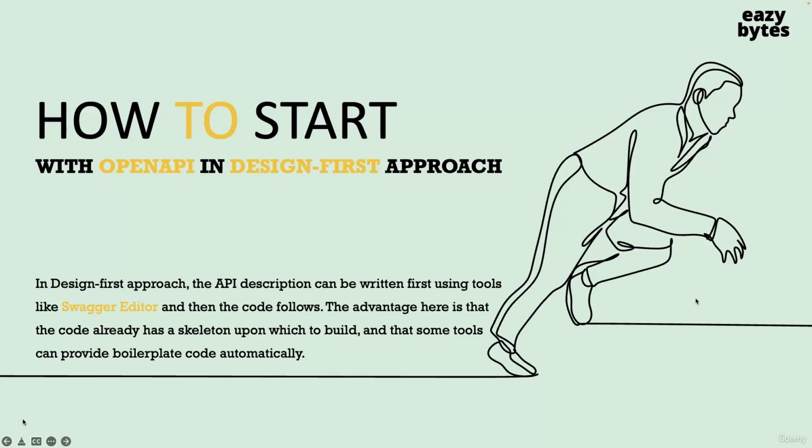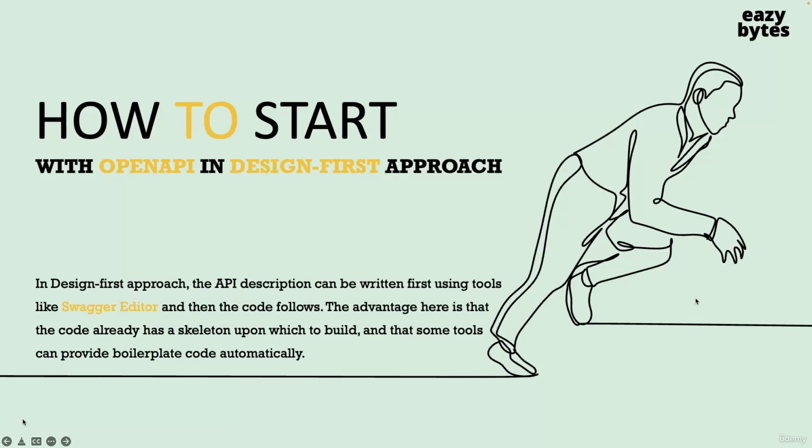Once we decide to write the OpenAPI specifications in the design first approach, that means we have to write the specification with our own hands, letter by letter. This can be a cumbersome process, because I don't know the structure of the OpenAPI specification that I need to follow. I don't know whether I'm making mistakes while writing it. To overcome all these problems, we can use the Swagger Editor tool.